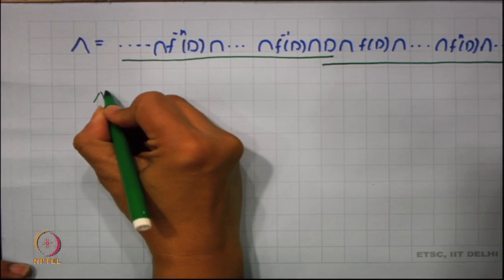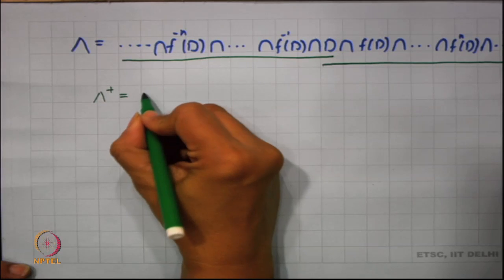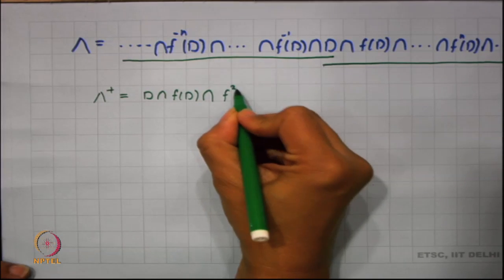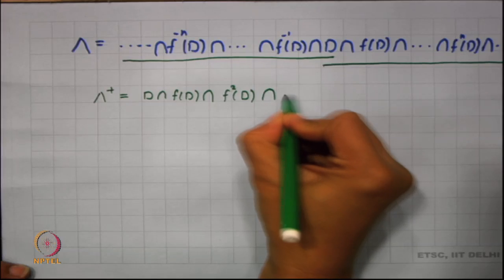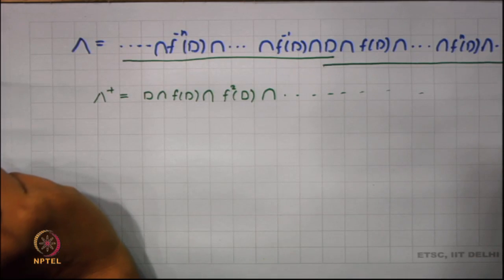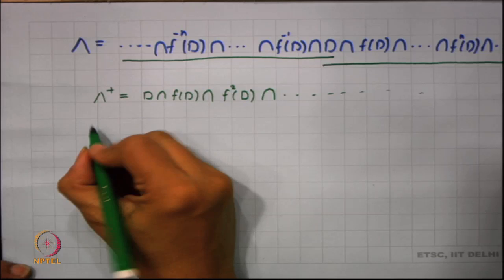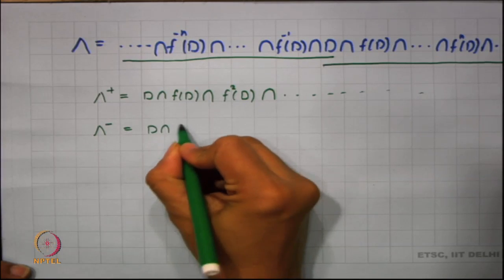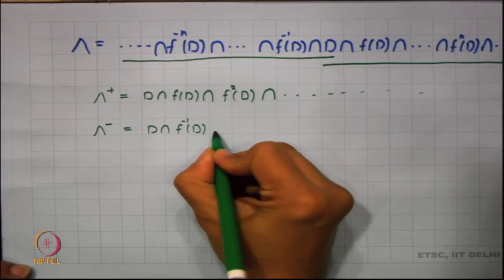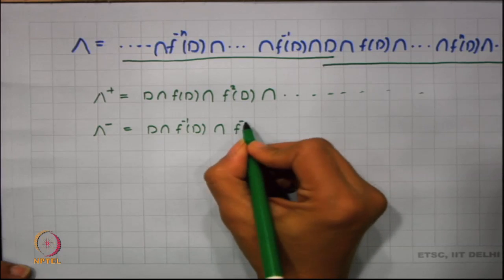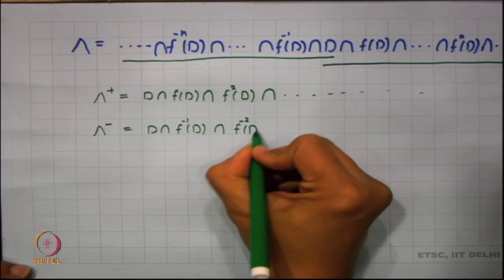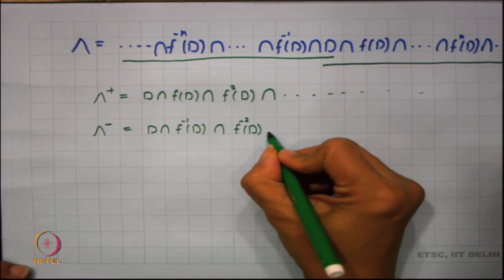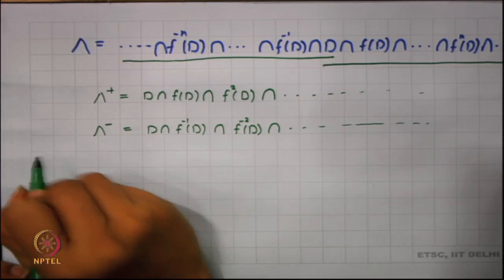Lambda plus, which is D intersection f of D, intersection f squared of D, and so on, the positive iterates. Then we have Lambda minus, which is D intersection f inverse D, intersection f minus 2 of D, and so on.